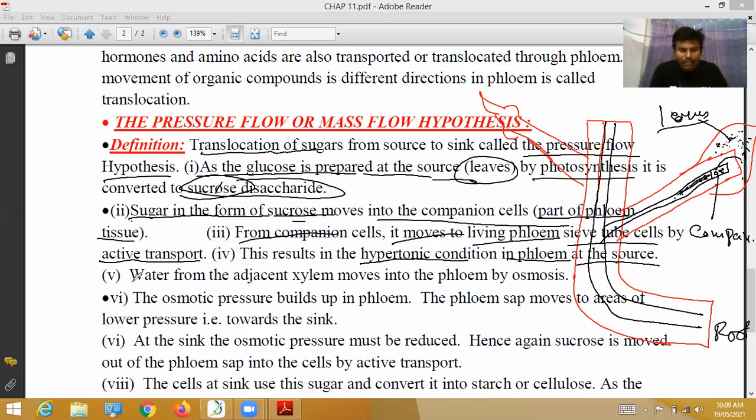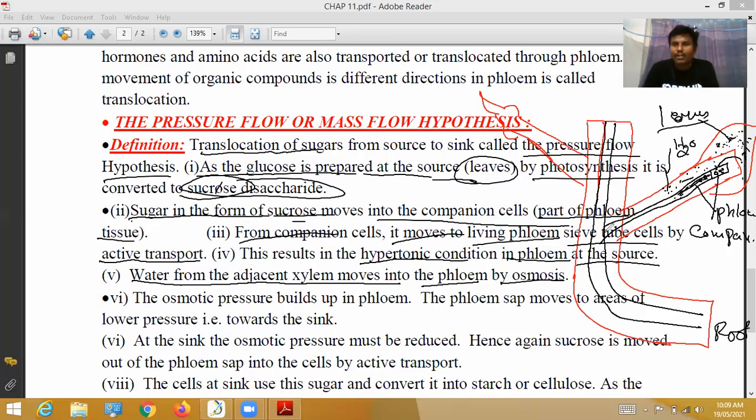Then water from the adjacent xylem, beside the phloem, moves into the phloem by osmosis. The xylem transports water along with minerals.